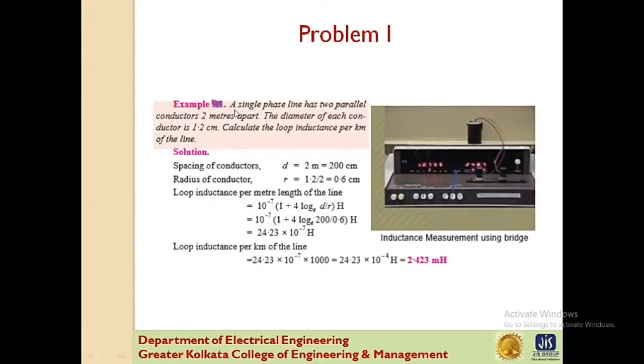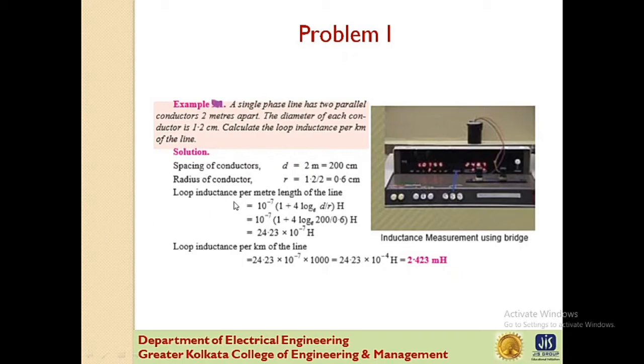Here is a problem. A single phase line has two parallel conductors 2 meters apart. The diameter of each conductor is 1.2 centimeter. Calculate the loop inductance per kilometer of the line. Spacing is 2 meters, that is 200 centimeter. The radius is 0.6 centimeter.